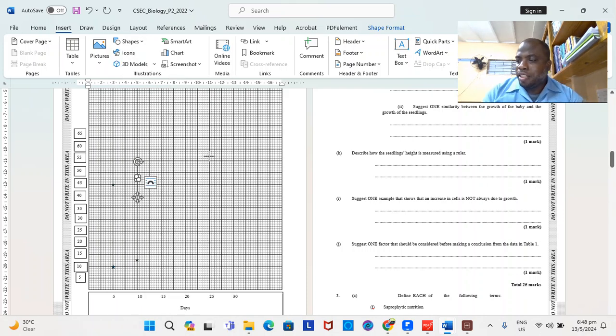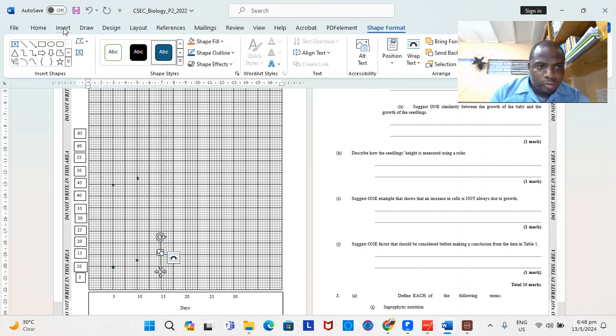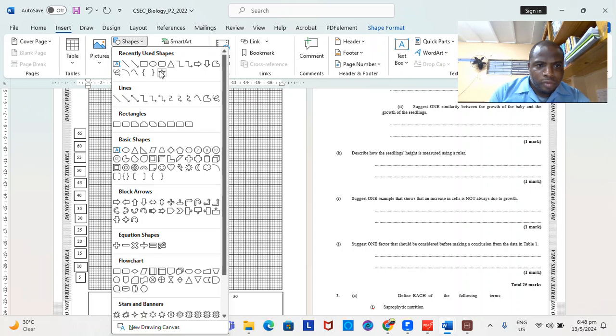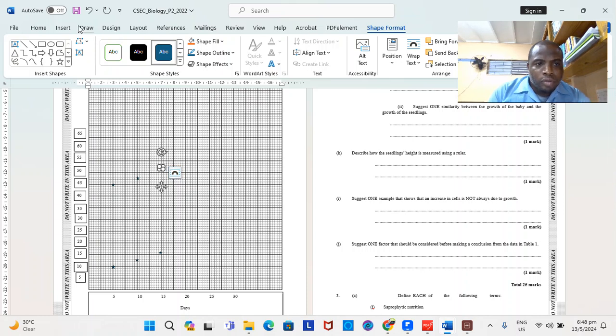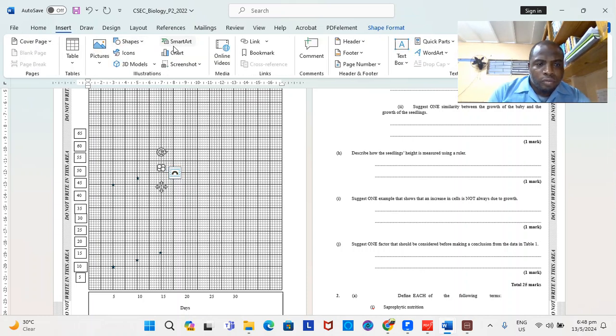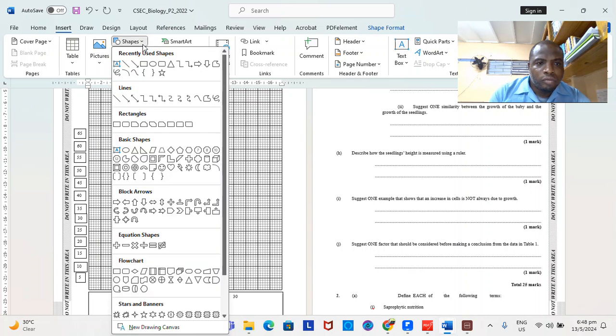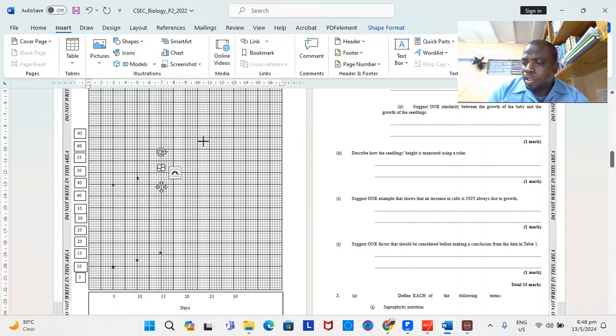At 15, it's 16. And then we have 52. We're at 20, 20.